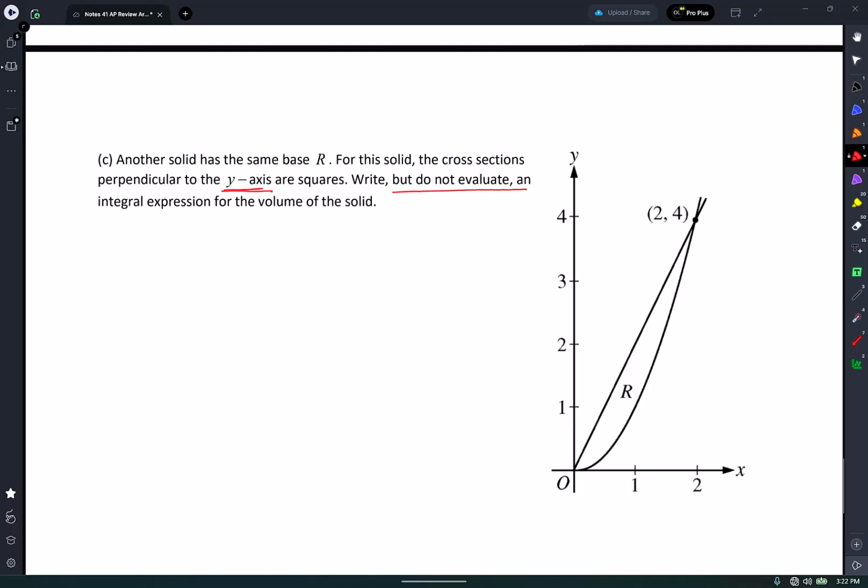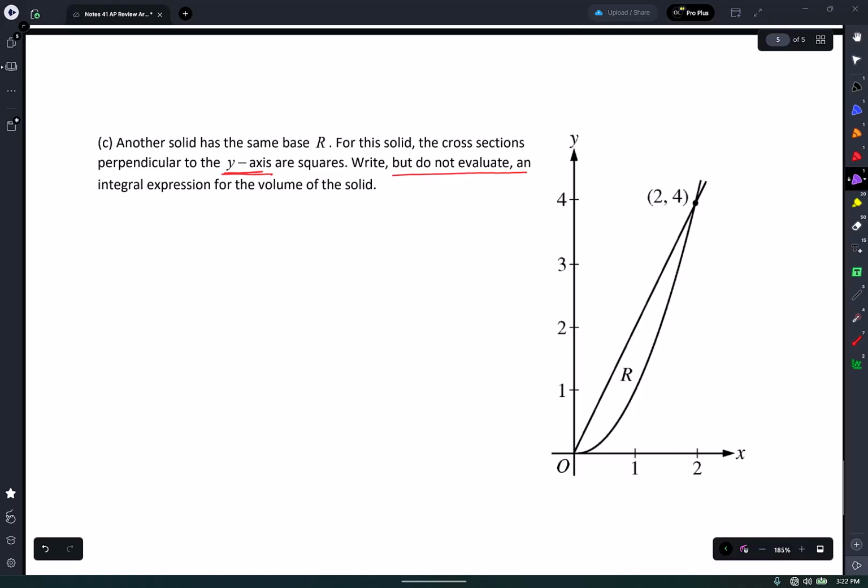Okay, guys. My cross sections are perpendicular to the y-axis. This is my cross section. It's coming out like this out of the board. Is that a dx or is that a dy? It's a dy. Do you guys see that?